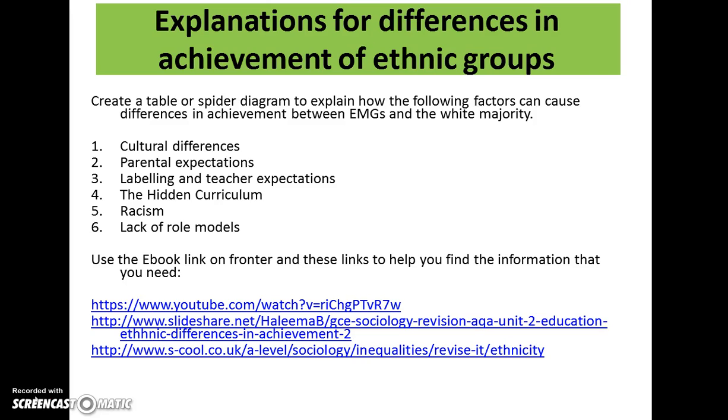So you can use the ebook, and there is a link on Fronter to the ebook. You can use the 3 links that I have put below, or any other source of information to help you to explain how those 6 things can explain why some ethnic minority groups don't achieve as highly as others.